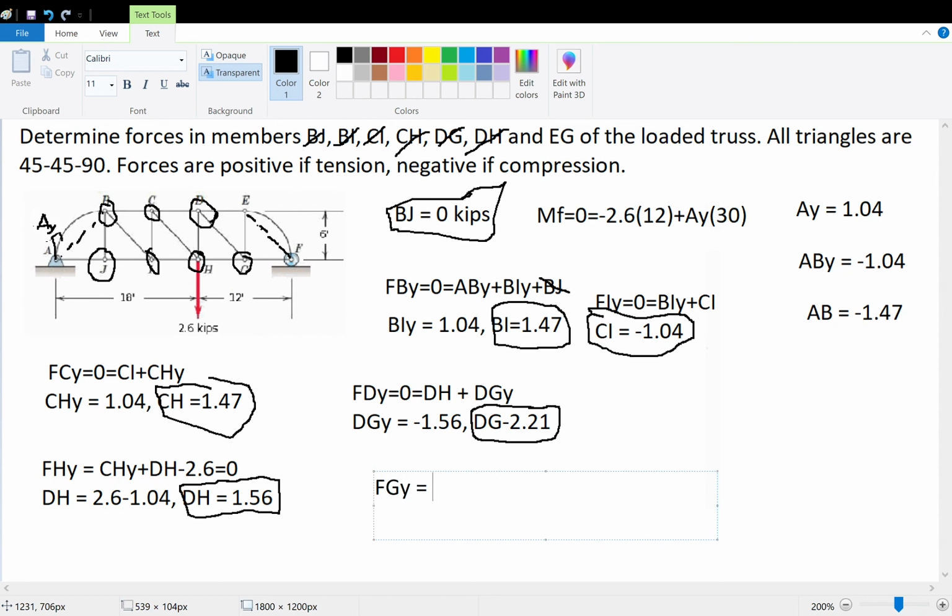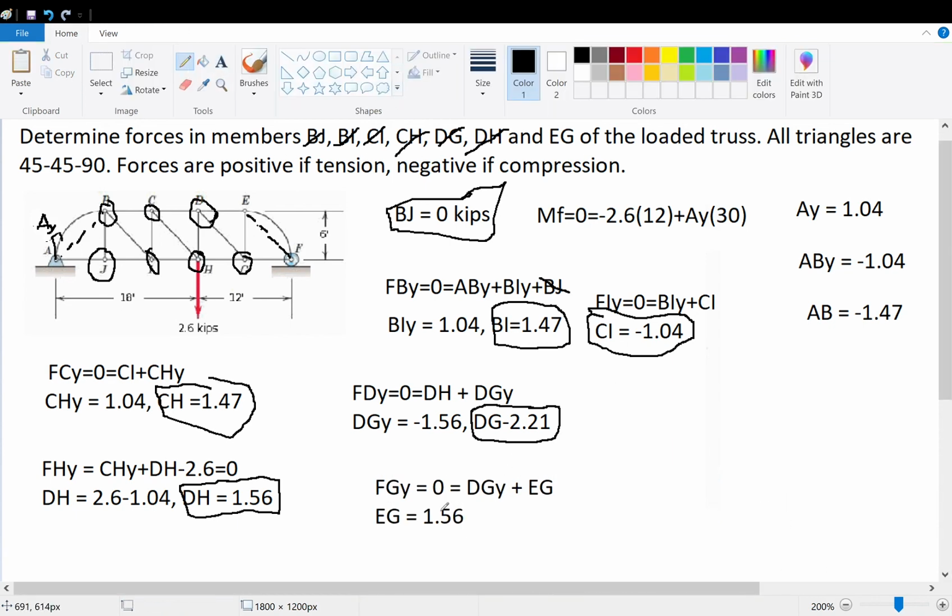And they will obviously still sum up to 0, and it'll be equal to DG in the Y direction plus EG. And if you have DG in the Y direction already, you can very easily find EG, which is just the negative of DGY, which means EG will be equal to 1.56 instead of negative 1.56.